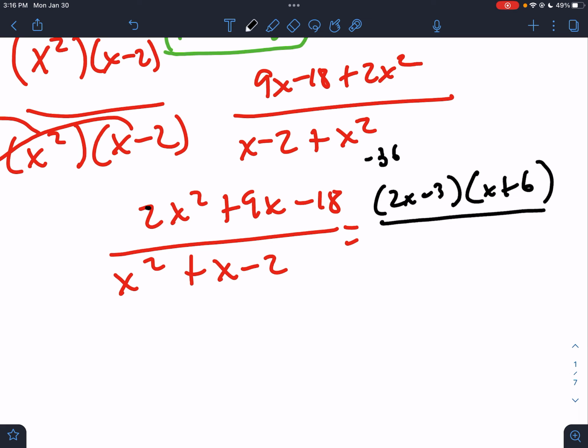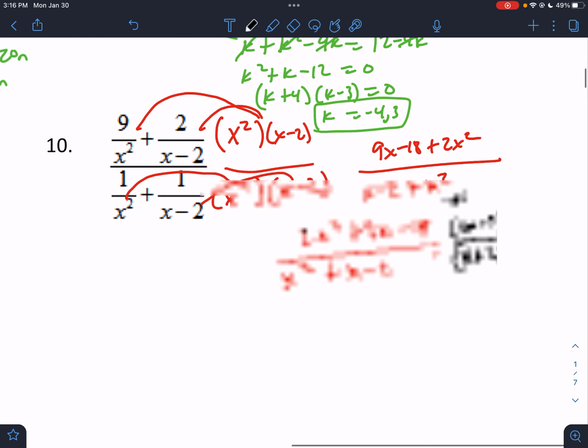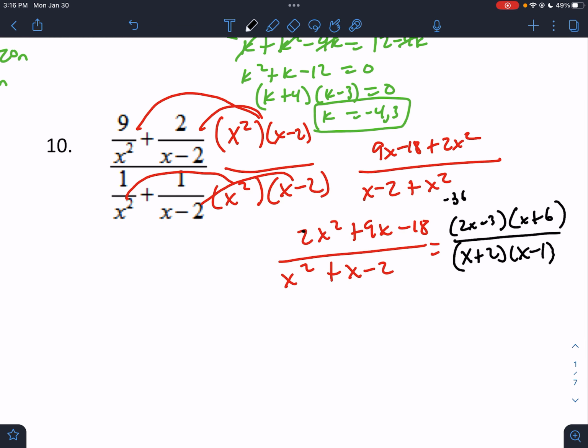On bottom, what factors of 2 subtract to equal 1? Well, that is plus 2 and minus 1. Nothing cancels out, so that's fully factored, but let's go back. Anything that was in the denominator at any time is ineligible. So x cannot equal 0, x cannot equal positive 2, and then here, 1.